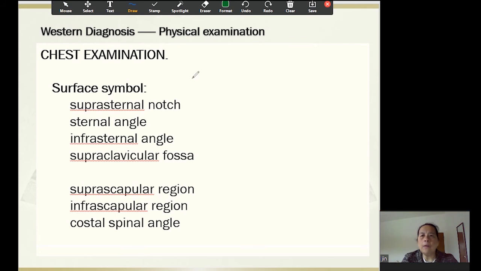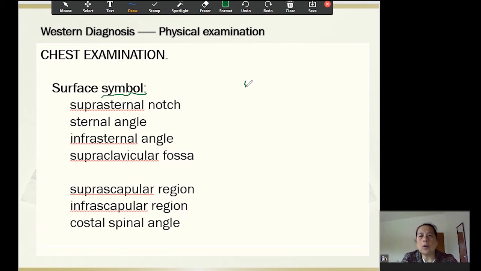Before we go to the local chest area, we review some anatomy symbols in the local area. Basically, it makes it easier for us. One is to find the problems. One is to record the problems. The patient may not be seen by one practitioner or one doctor.